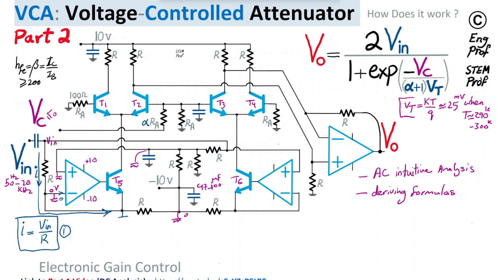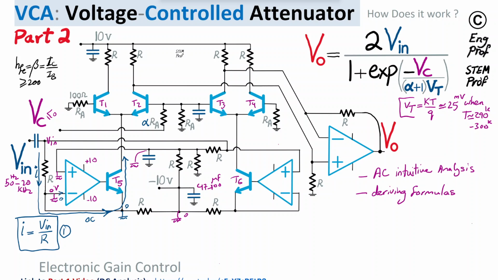So there is no voltage dropped across this resistor, and this AC current has no other way than going up through the collector-emitter of BJT transistor T5.